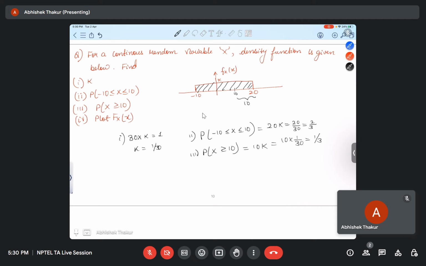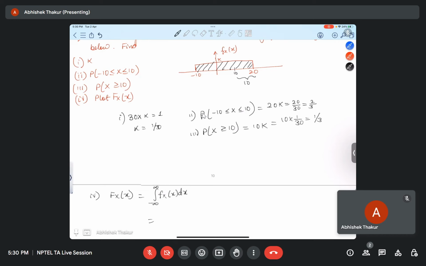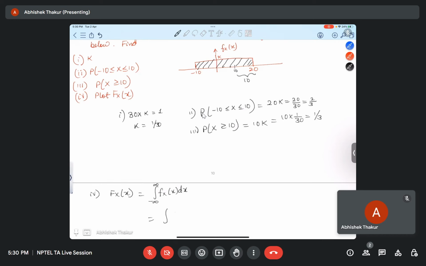So now the fourth part is the interesting one. We have to find the probability distribution function, that is equal to the integration of the probability density function. So the probability density function is 1 by 30 from minus 10 to 20 dx.